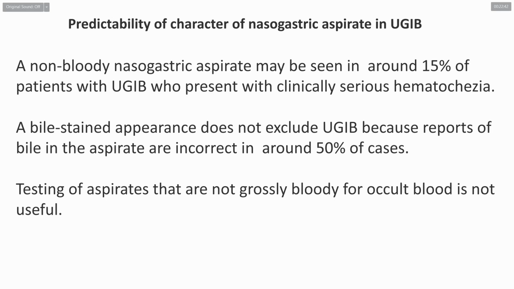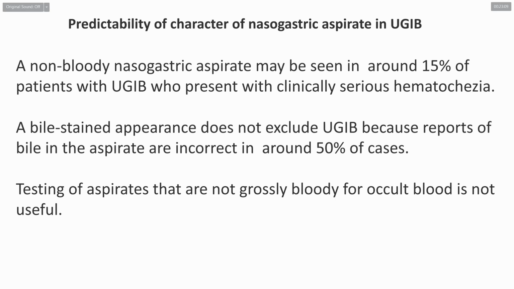You see? The third point is testing of aspirates that are not grossly bloody for occult blood. Some surgeons may say, oh, I'm not sure, is this bloody or what? I'll do an occult blood test on the aspirate. Also useless. So what's the message I'm trying to convey to you today?